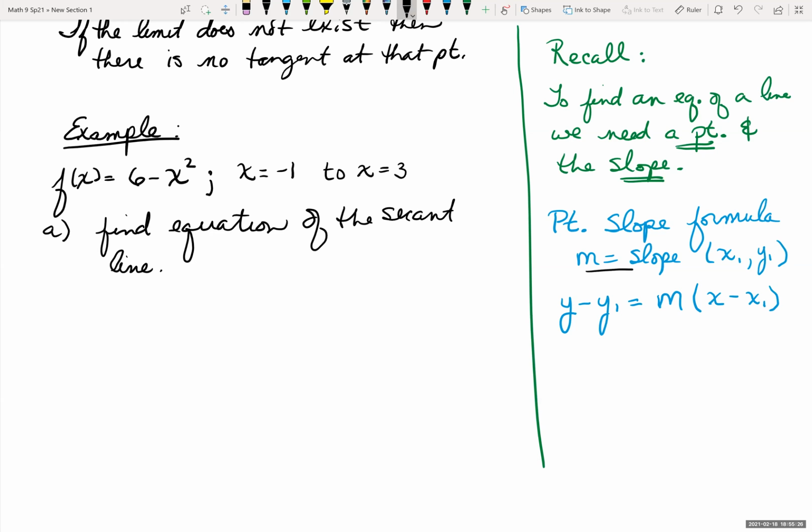So once you figured out what the slope is, you'd plug that value in for m. Once you had a point, you go back in and plug in those values for x sub 1 and y sub 1. So that was one way to find the equation of a line.